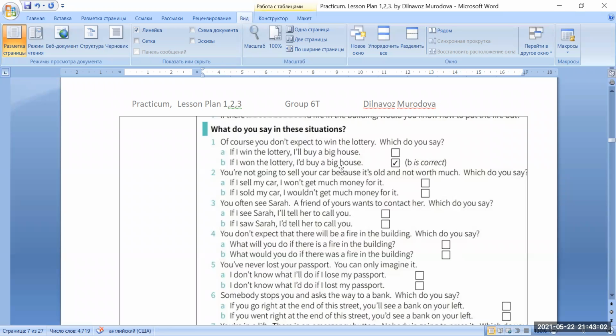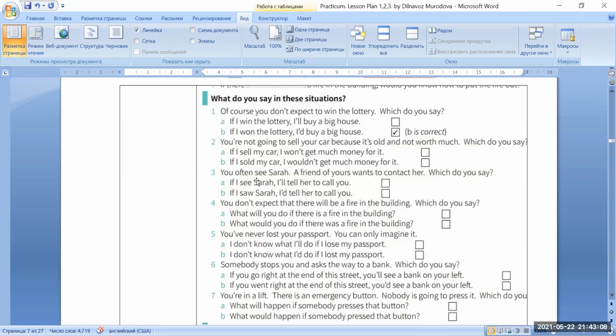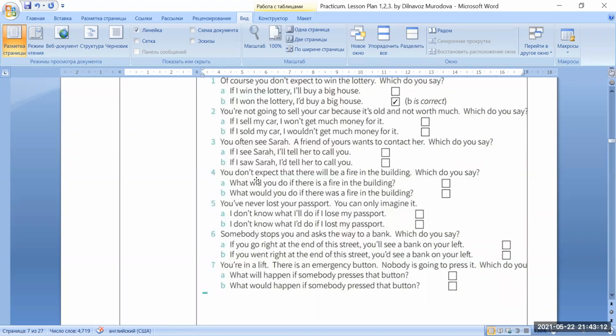Who will do the second? Can I? Go ahead, Aziza. You're not going to sell your car because it's old and not worth much. Which do you say? A, if I sell my car, I won't get much money for it.